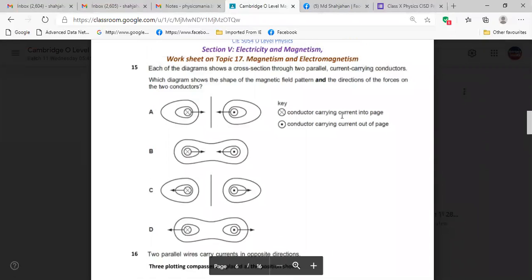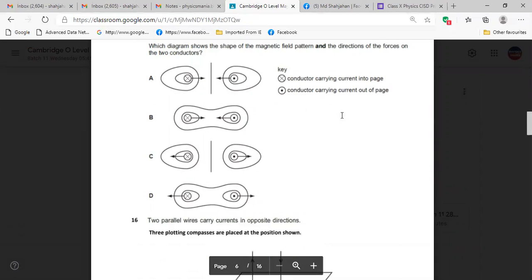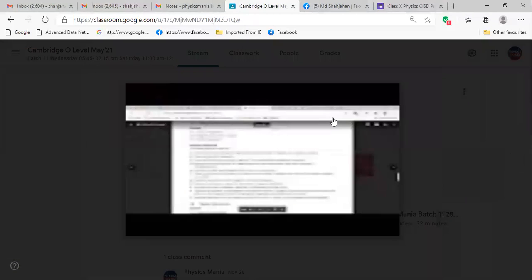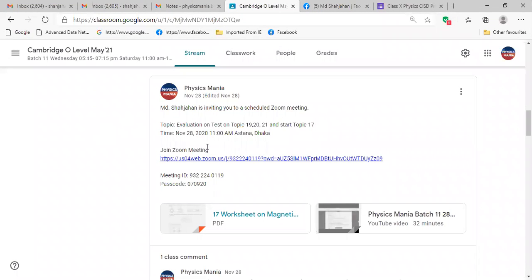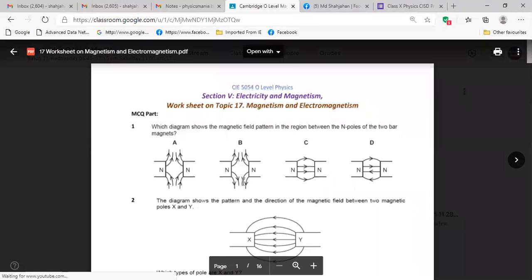Next, this one you will also understand in our topic 22 that we are going to discuss today. So that time we will discuss. This one we skip now, and also this one.